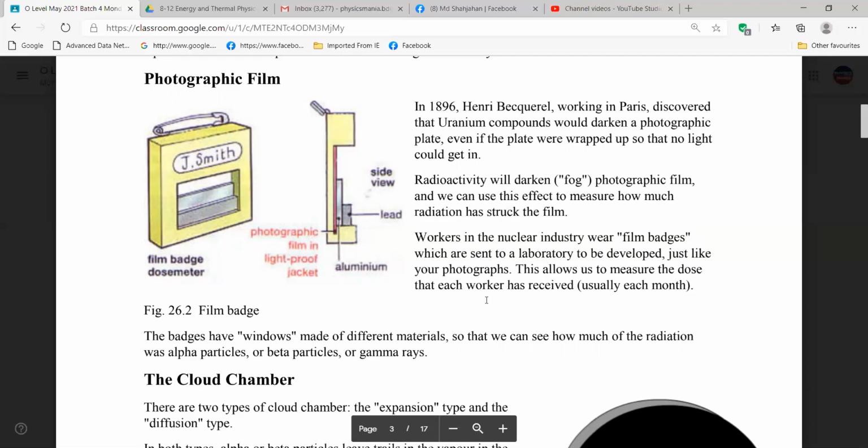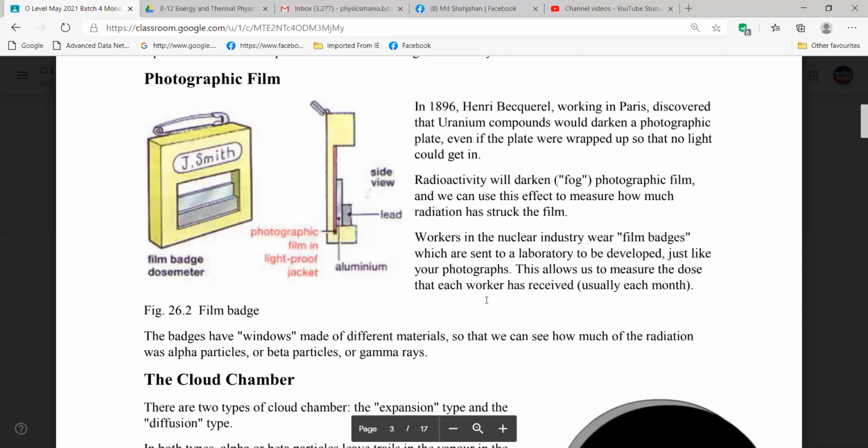Workers in the nuclear industry wear film badges, which are sent to the laboratory to be developed, just like your photograph. This allows us to measure the dose that each worker has received, usually each month. They have placed aluminum and lead so that they can see the difference between gamma and particles.